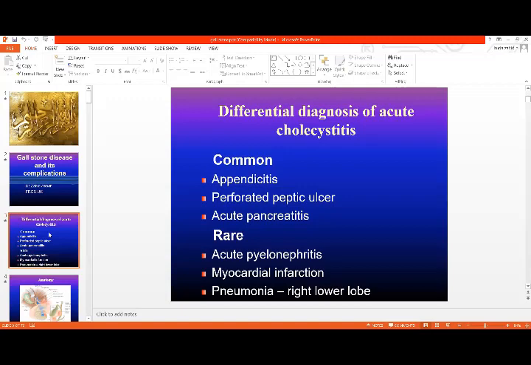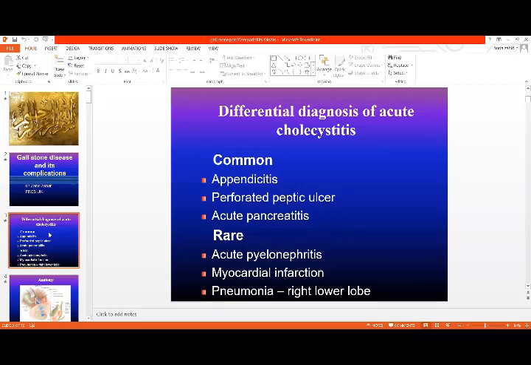Perforated peptic ulcer is very important, and you shouldn't miss it, because it's not only pain, it's guarding in the upper abdominal region and sometimes the whole abdomen. It's a condition called peritonitis. When something perforates, most of the time it's a duodenal perforation, and less commonly a gastric ulcer perforation.